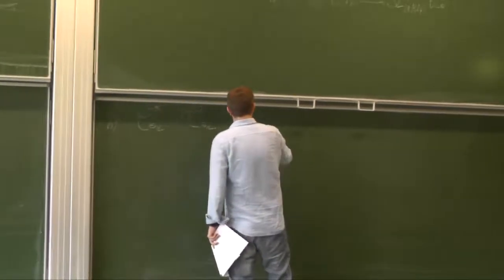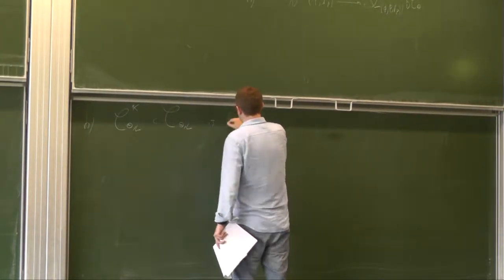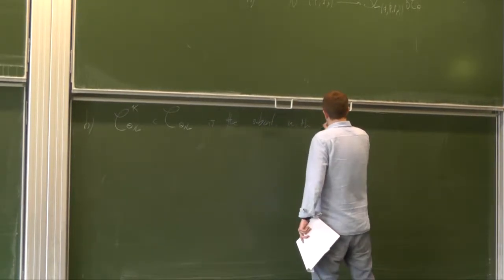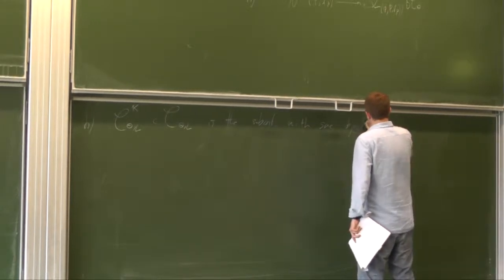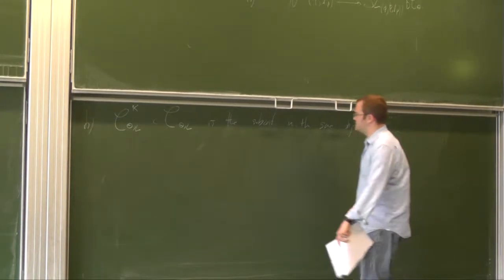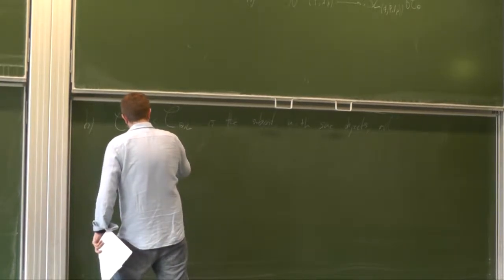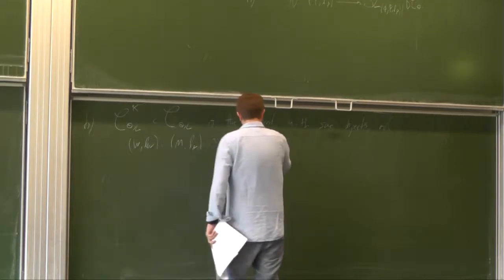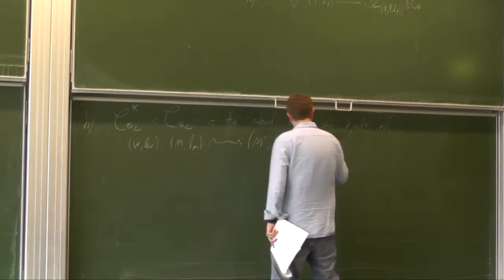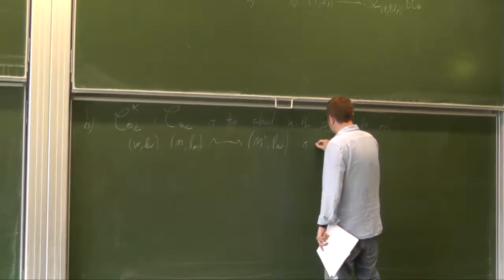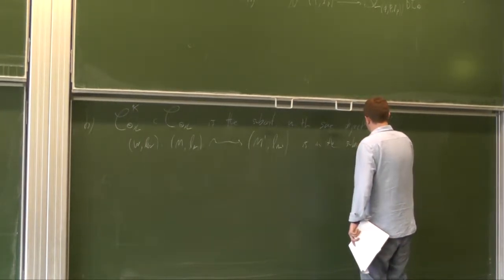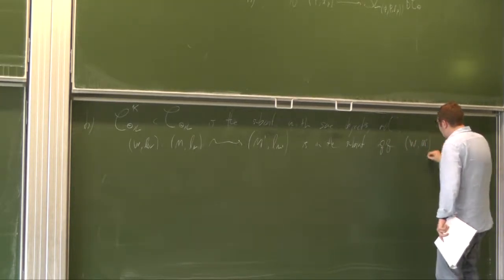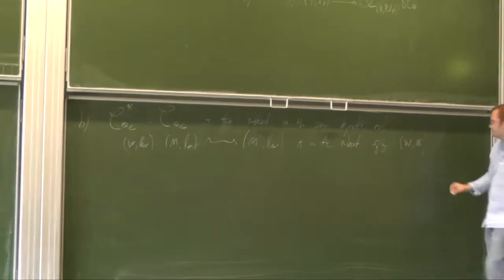So this is the subcategory with the same objects, and a morphism M, W from M to M prime is in this subcategory if and only if W relative to its outgoing boundary is kappa-connected.